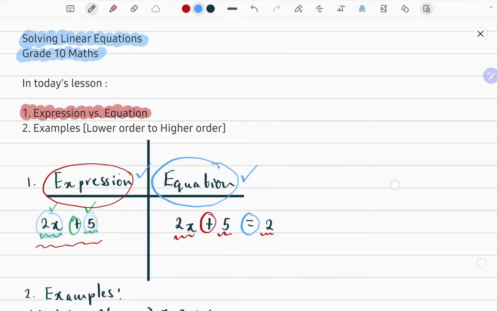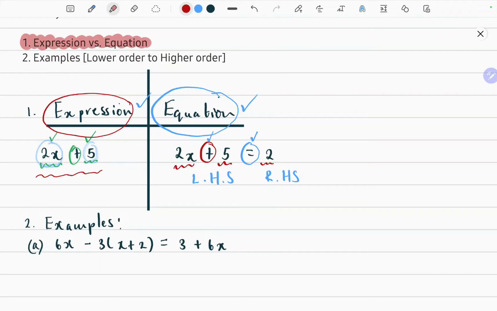The first difference is an equation has an operator and an equal sign, whereas an expression only has an operator or operators. And the second important thing about an equation is that it has a left-hand side and a right-hand side. So those are the two important differences between expressions and equations.